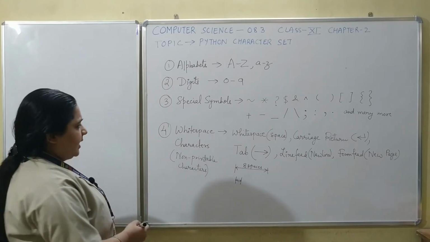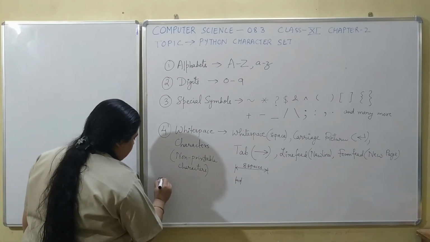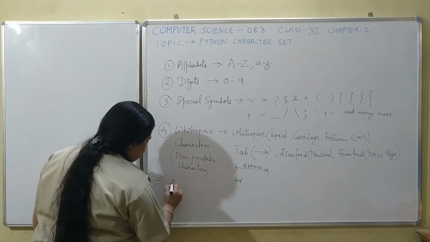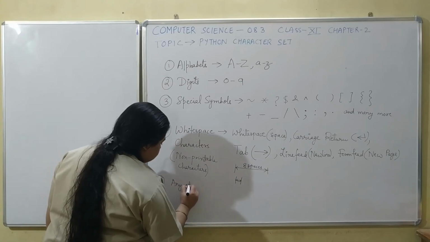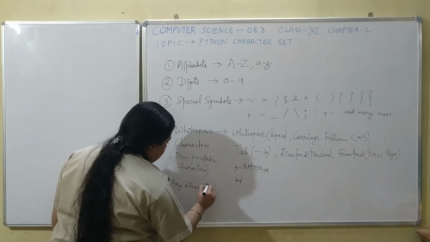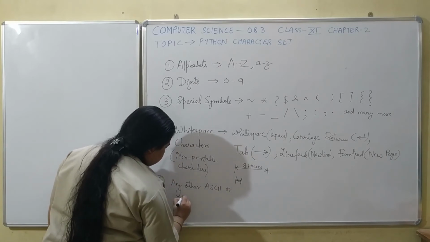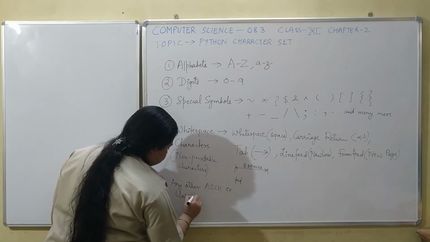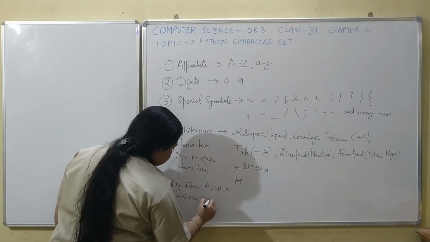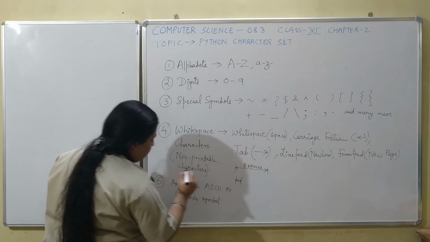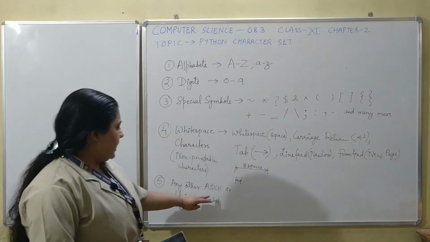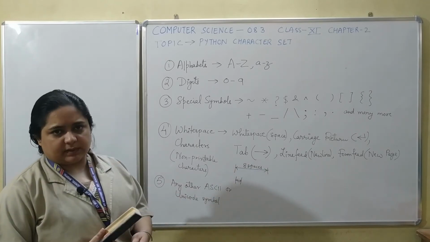And apart from white space characters, there could be any other ASCII or Unicode symbol. When I talk about ASCII and Unicode, students, they are encoding schemes.